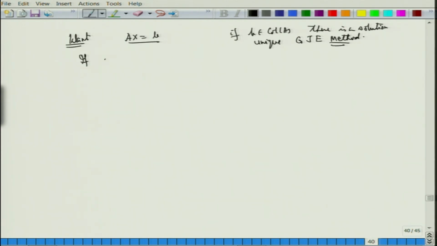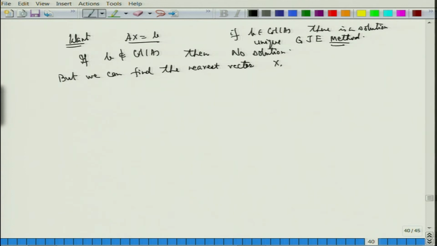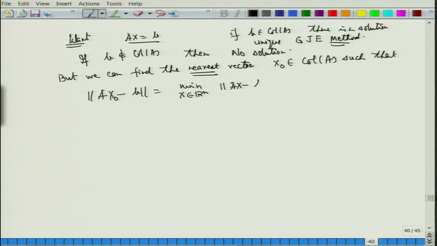If b does not belong to the column space of A, then there is no solution, but we can find the nearest vector x naught such that norm of A x naught minus b is minimum over x belonging to Rn of norm of Ax minus b.